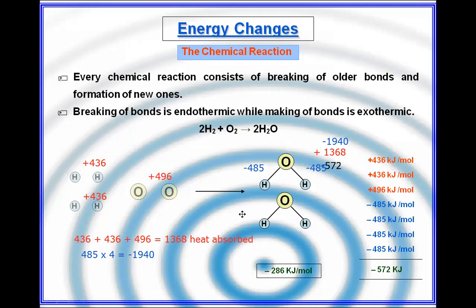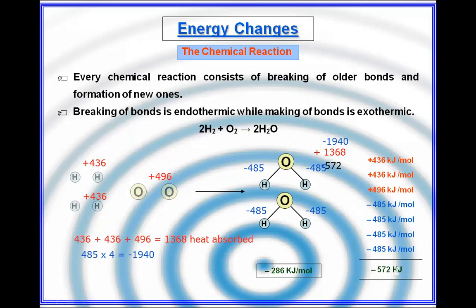Similarly, minus 485 and again minus 485. When we add these four numbers, they produce minus 1940. The minus means heat exits, plus means heat absorbed. When we take the difference, minus 1940 plus 1368, the overall change is minus 572 kilojoules.